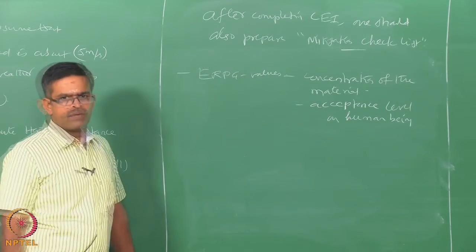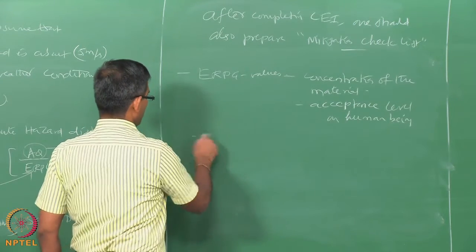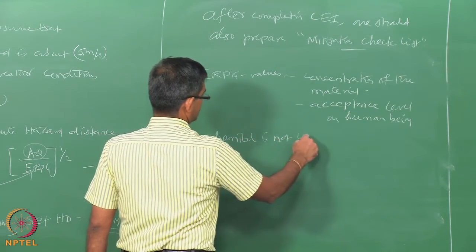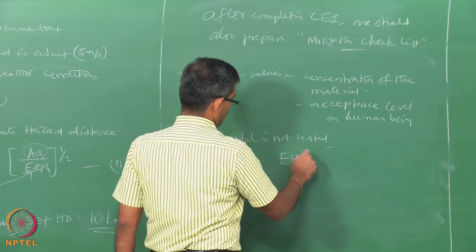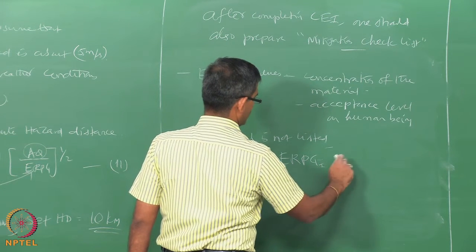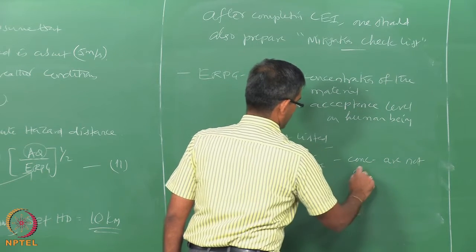Okay. If the established ERPG levels are not available, maybe the chemical is not listed, and the ERPG concentrations for levels 1, 2 and 3 are, let us say, not available.